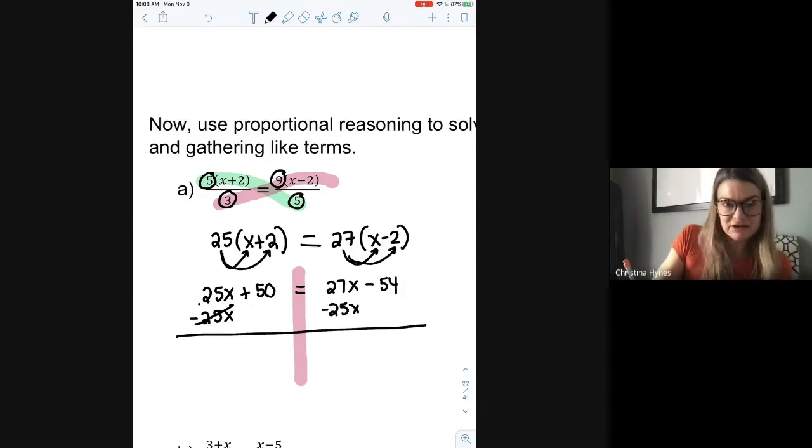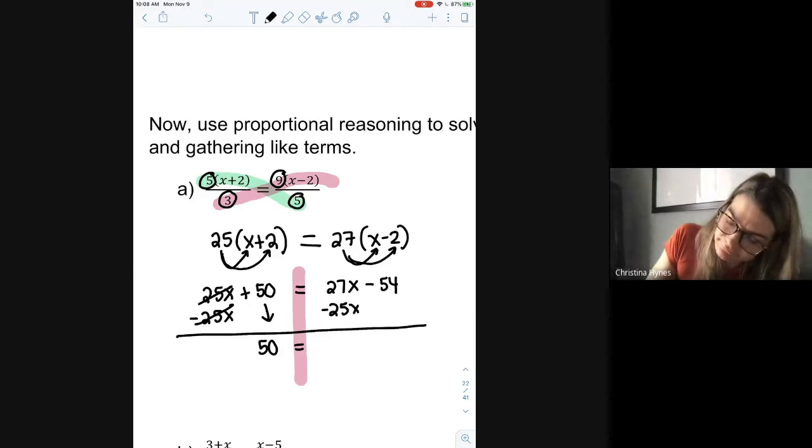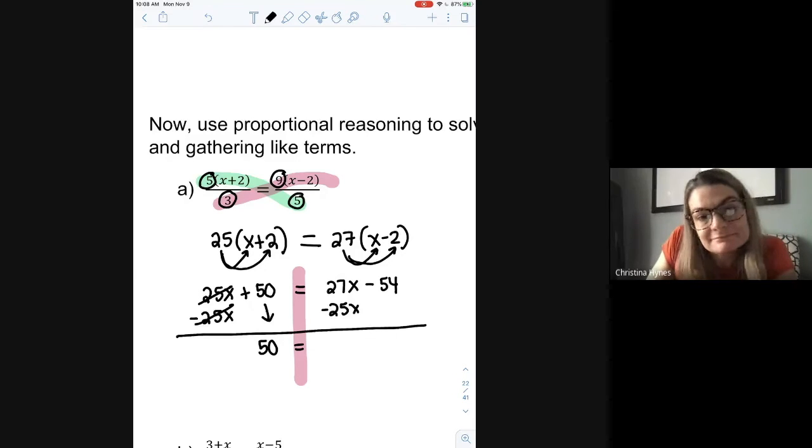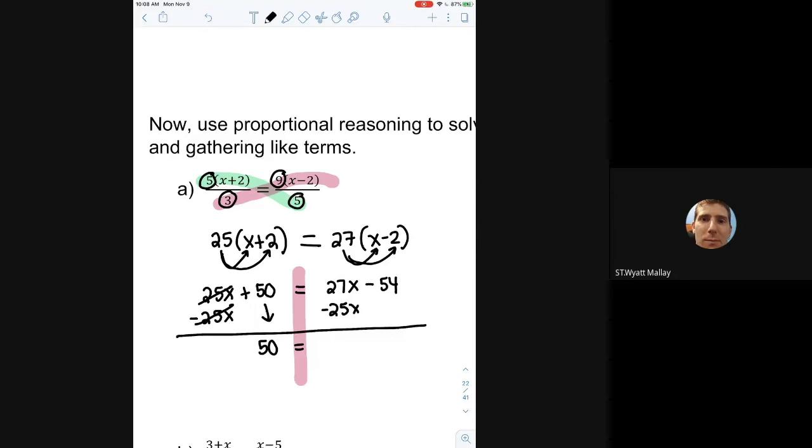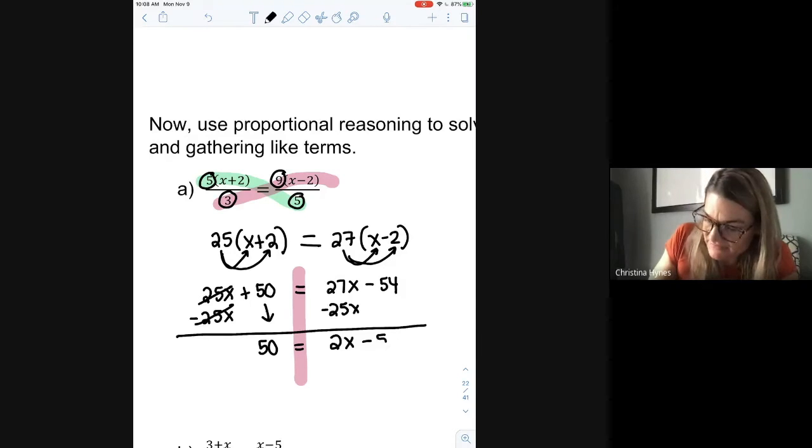These cross each other off. 50 just drags itself down. What's 27 minus 25? 2x, good. And then we have minus 54.